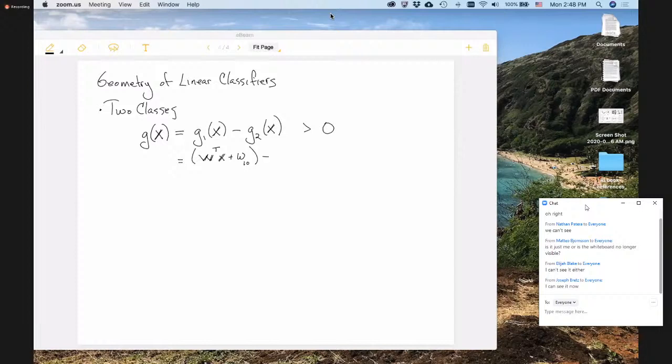And then we'll subtract off the second one. And here's the second weight matrix for the other class. So all I've done is now subtract the two linear functions. Well, notice that I can now rewrite this way.